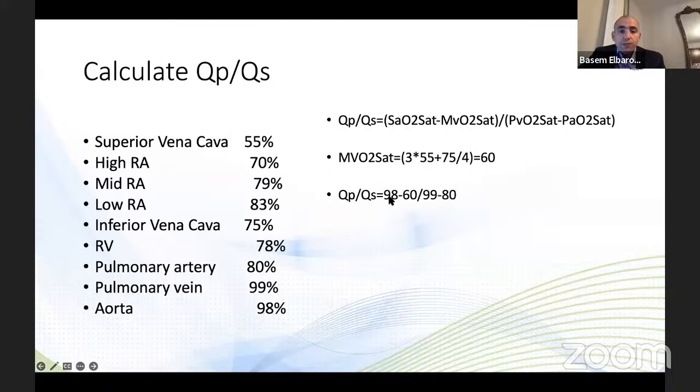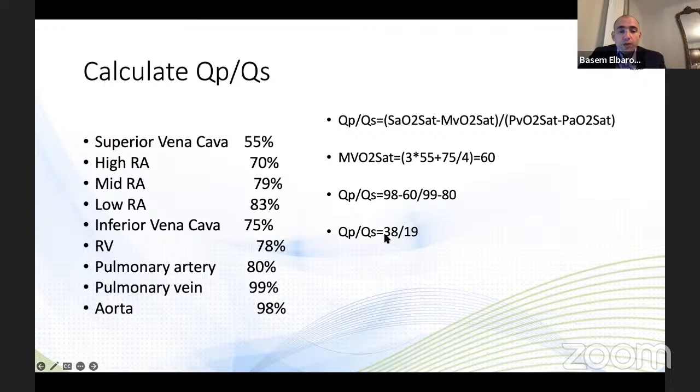So QP/QS equals 98, which is the systemic circulation here, aorta, 98%, minus the mixed venous, which is 60, divided by the PVO2 sat. Now, here it's been given to you. Pulmonary vein is 99%, so then we use 99%. And the pulmonary artery measurement was 80. So 99 minus 80, okay?